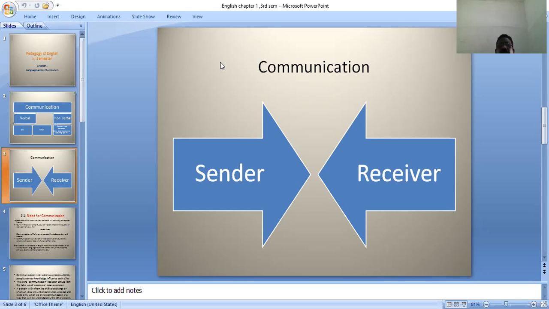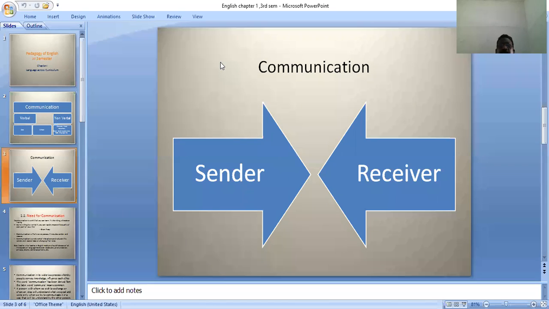Suppose in the olden days, telegram is there. It comes with the language encoded, and the receiver decodes. Suppose you do not know the English language, you cannot know what I am speaking. You cannot decode my words.